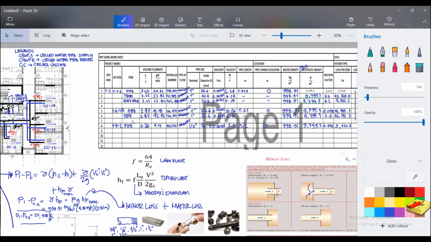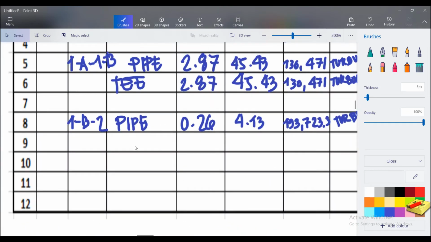So I'm going to put here gradual contraction. Okay, so reducer, very common, we have reducer.